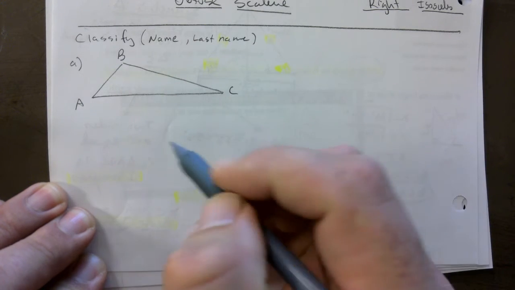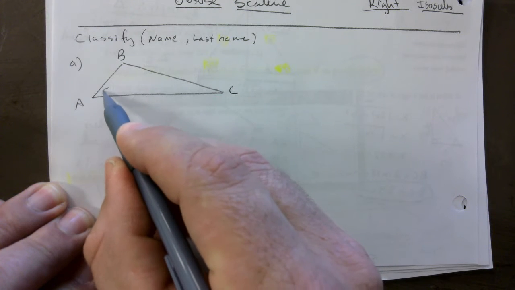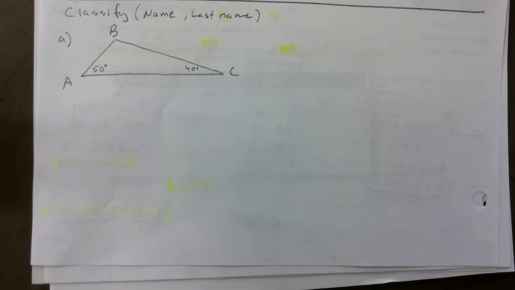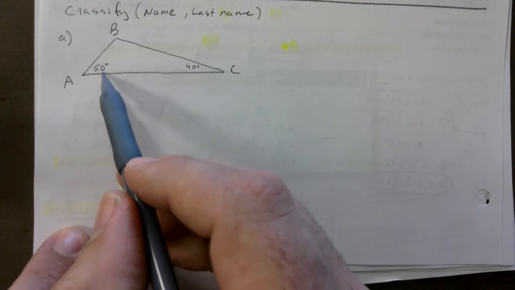And I will go ABC like this. 50, 40, that's it. 2 angles there. Let me zoom in a little bit. I can probably get a bit more in there. So this is a 50-degree angle and a 40-degree angle there.